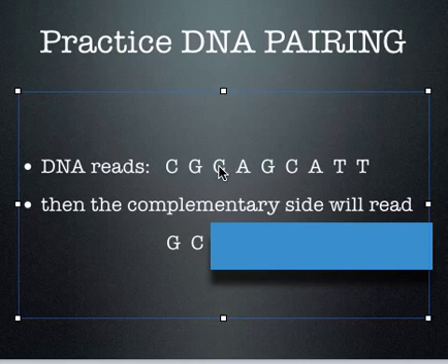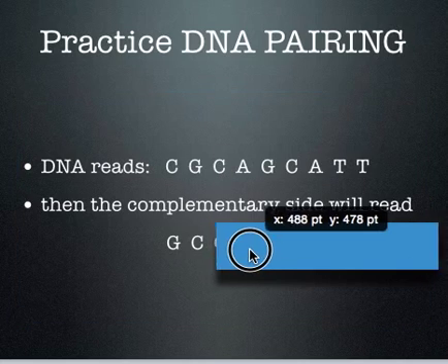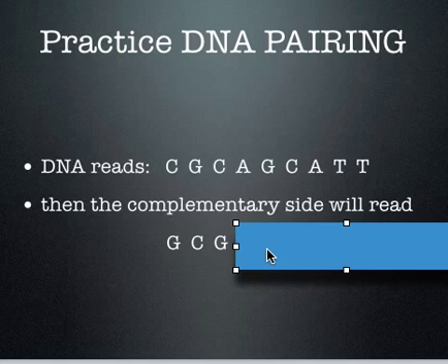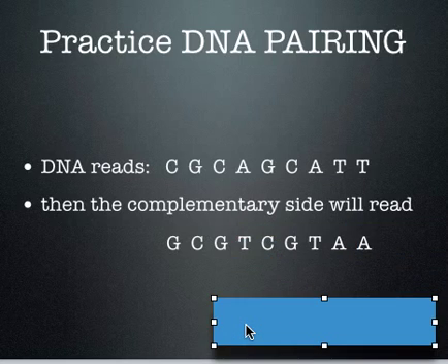What goes opposite of this C is another G, because G and C always bond together. See if you can fill out the rest. Okay, so that would be the rest. So anytime you have a C in DNA, it will always bond with a G on its complementary or opposite side. If you have an A in DNA, it will always bond with a T.